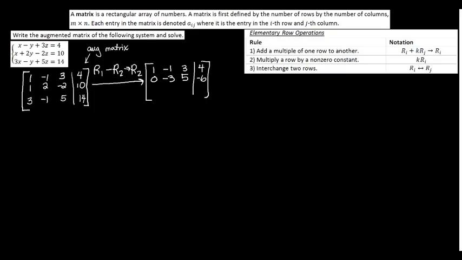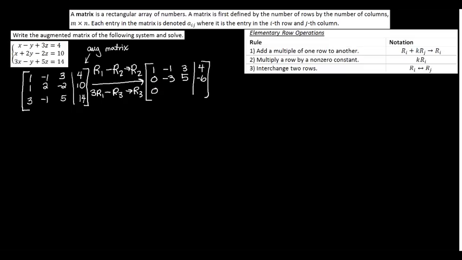For the third row, I'm going to take 3 times row 1 minus row 3 and store it in row 3. That creates the 0 as the first entry in my third row, because 3 times 1 minus 3 gives me 0.